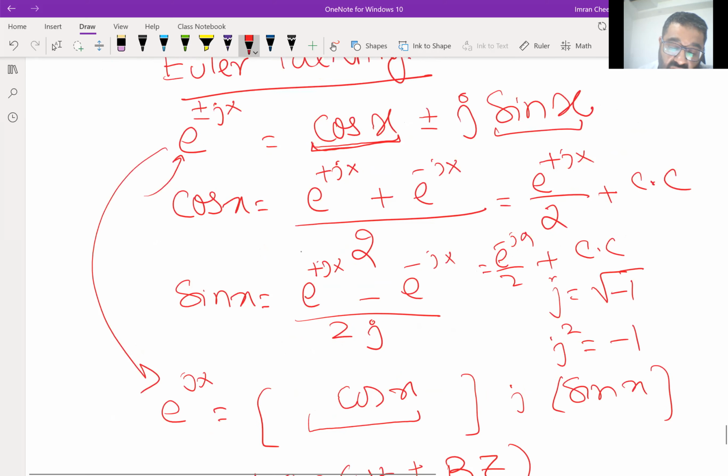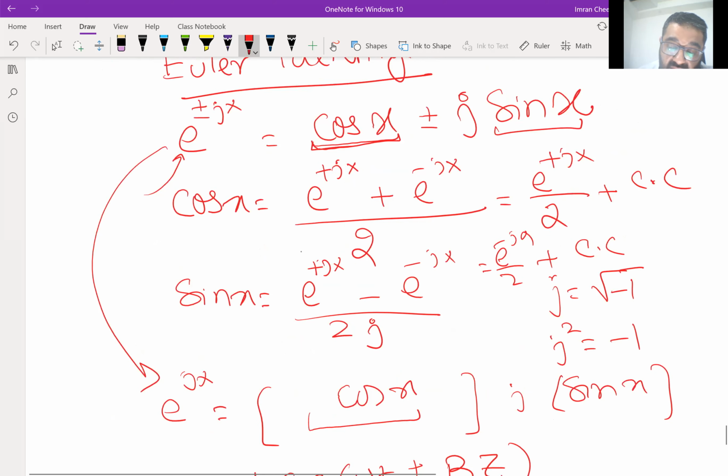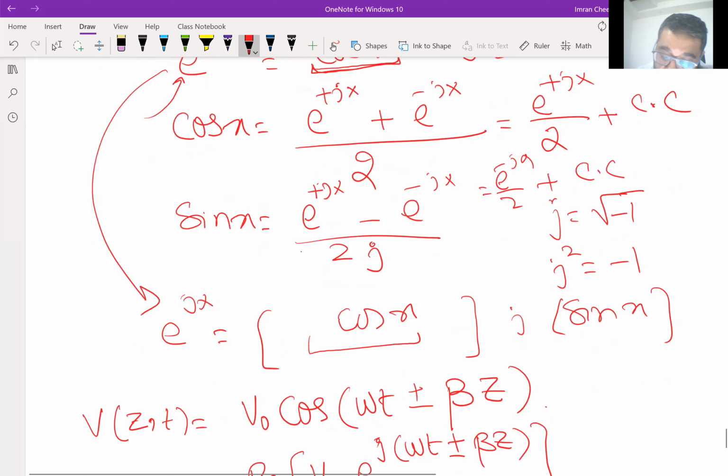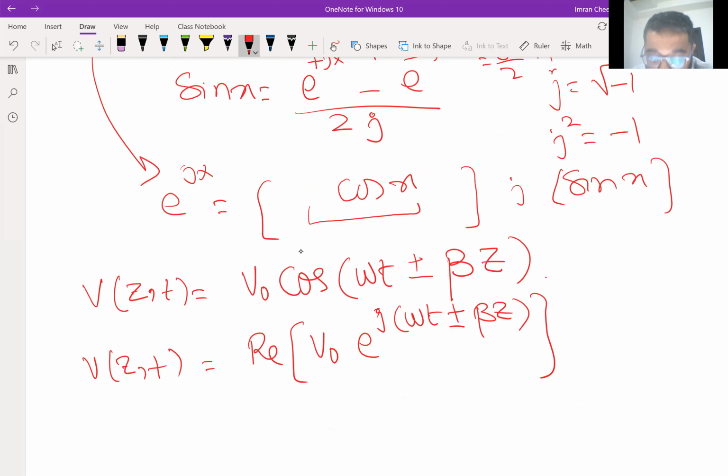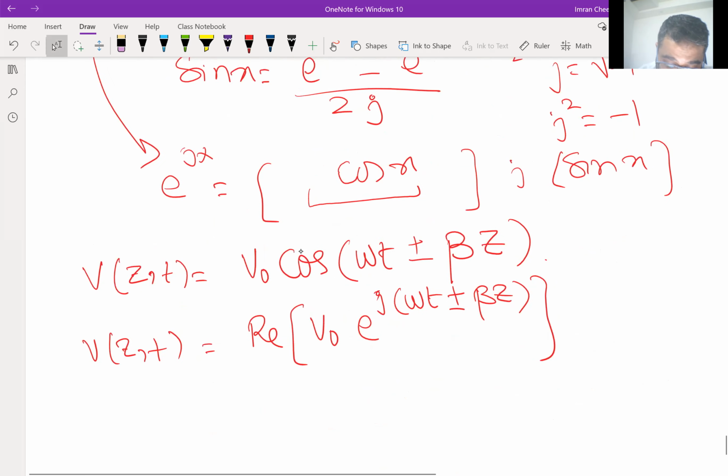Euler identity is e^(jx) is equal to cos x plus j sin x. So I can say, मैं real लिख देता हूं साथ, and I write it in exponential form, and I can easily convert this cosine function into the exponential form. ठीक हो गया? फिर उसके बाद I can drop this real part, and I will later on bring it back.